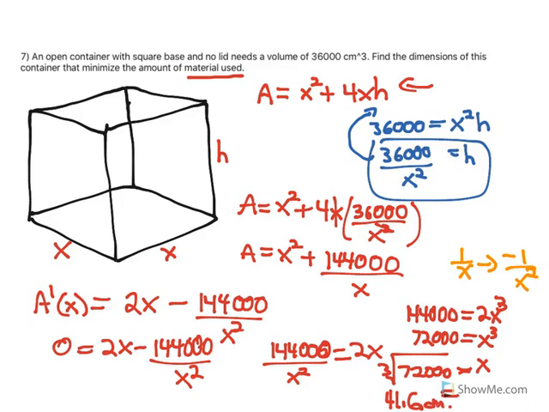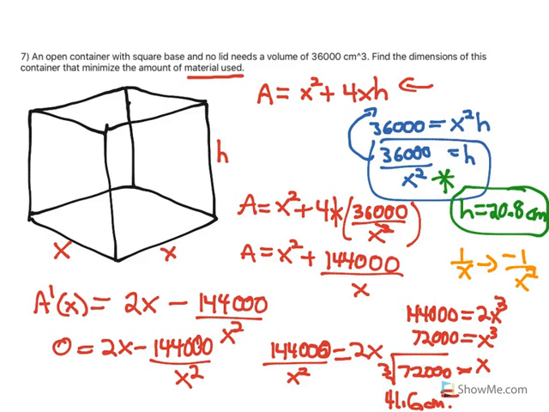And you can plug that back in here for h, and you'll get h equals 20.8 centimeters, which coincidentally happens to be half of the base length for the height. So the majority of the area is found on the base, and then each face is a little bit smaller.